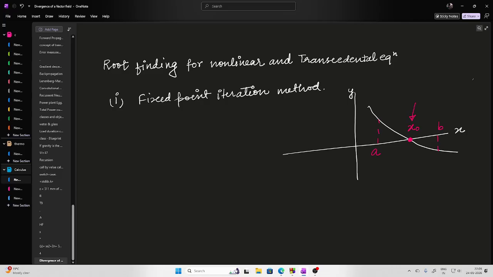So what is this? If I have an equation f(x) equal to 0, then I rearrange this equation in such a way that I bring one x out, and the remaining things can be written as psi x. Let me give you an example. Let's say my equation is x square minus 5x plus 4 is equal to 0.